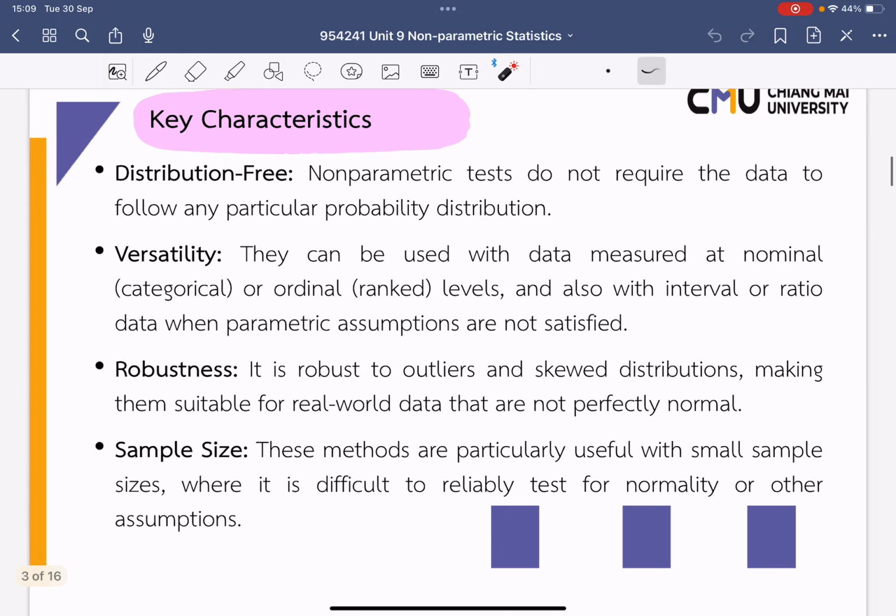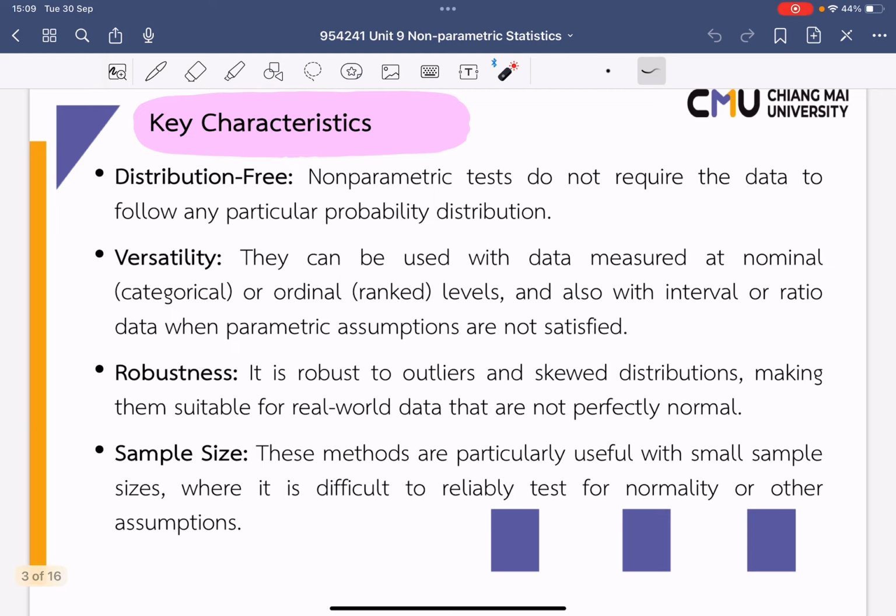The key characteristics of nonparametric statistics are these. Nonparametric tests do not require the data to follow any probability distribution. So the data don't need to be normally distributed or binomial or whatever. We don't need a distribution for the data in order to do the nonparametric test. And they can be used with data measured at the nominal level.